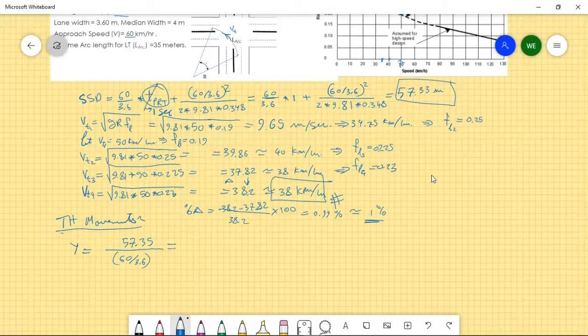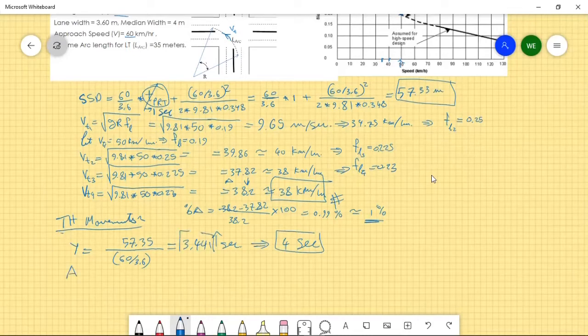So here we have 57.35 divided by 60 divided by 3.6. So this is going to be 3.441 seconds. We take the highest. This is going to be 4 seconds. We round it up.